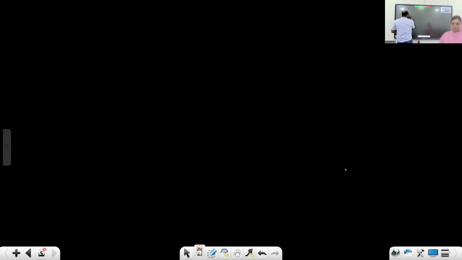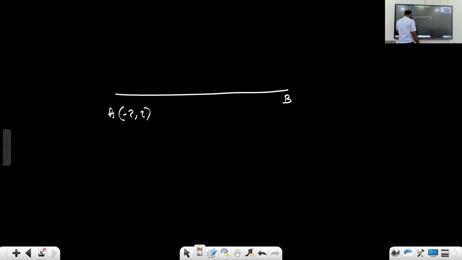Question number 4. 4 equal parts. A and B are given: A is minus 2 comma 2, B is 2, 8. If 4 equal parts are asked, people can easily manage. That is very simple.